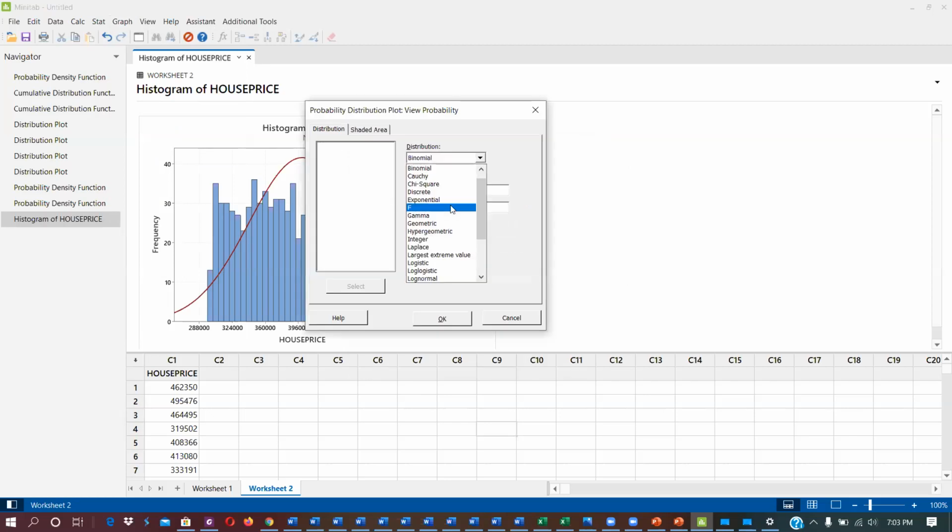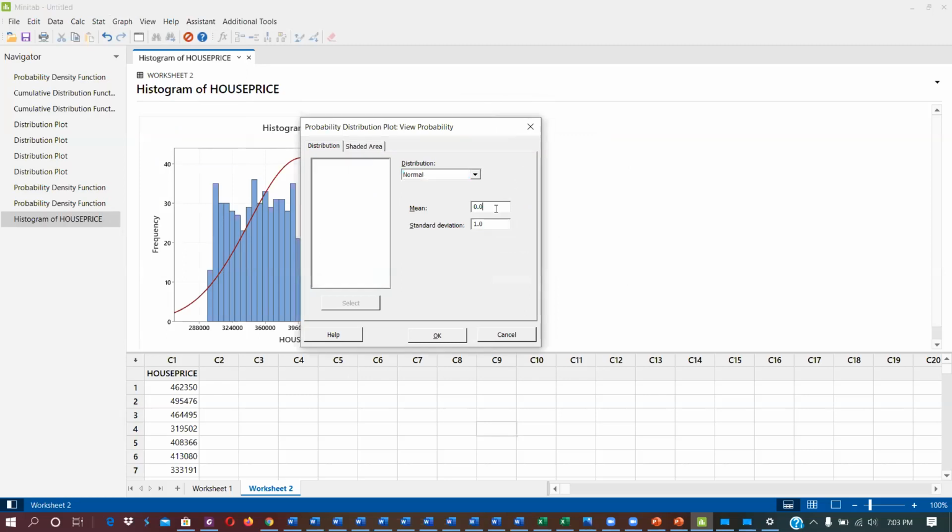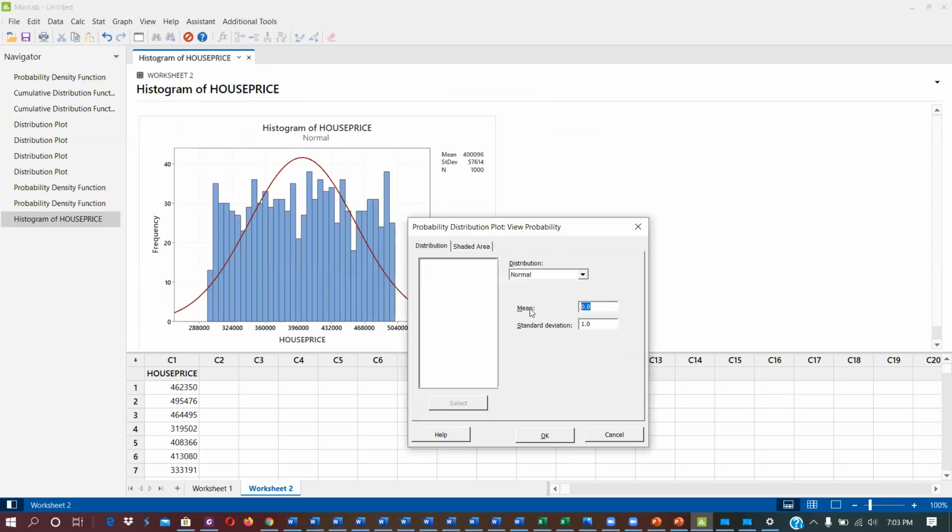Instead of that, I will go to normal. Wherever is normal, here. Standard normal distribution always has zero mean and one standard deviation. We are not checking that. We are just using this. The mean is 400,096. Standard deviation is 57,614.